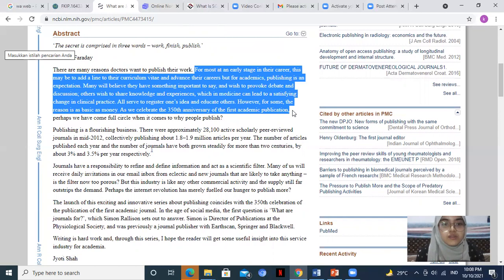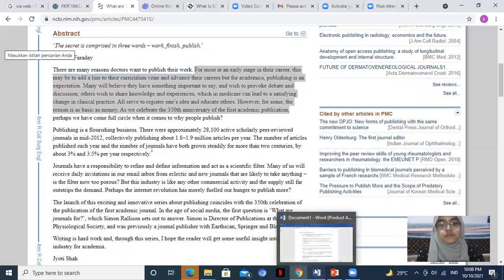Others wish to share knowledge and experience, which in medicine can lead to a satisfying change in clinical practice, or serve to register one's idea and educate others. However, for some, the reason is as basic as money, as we celebrate the 355th anniversary of the first academic publication. And I found the answer in my words here.